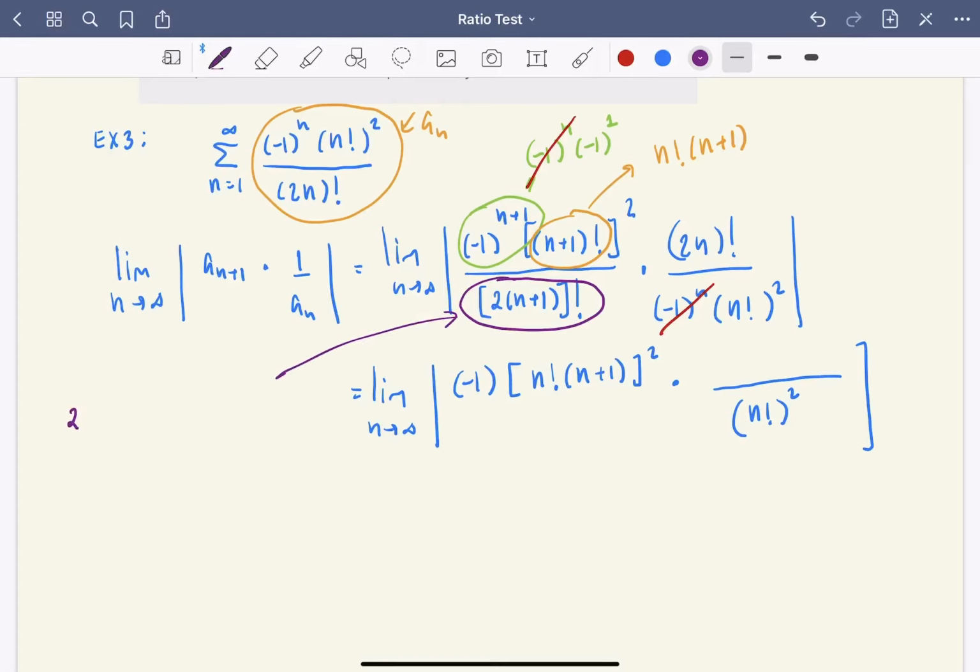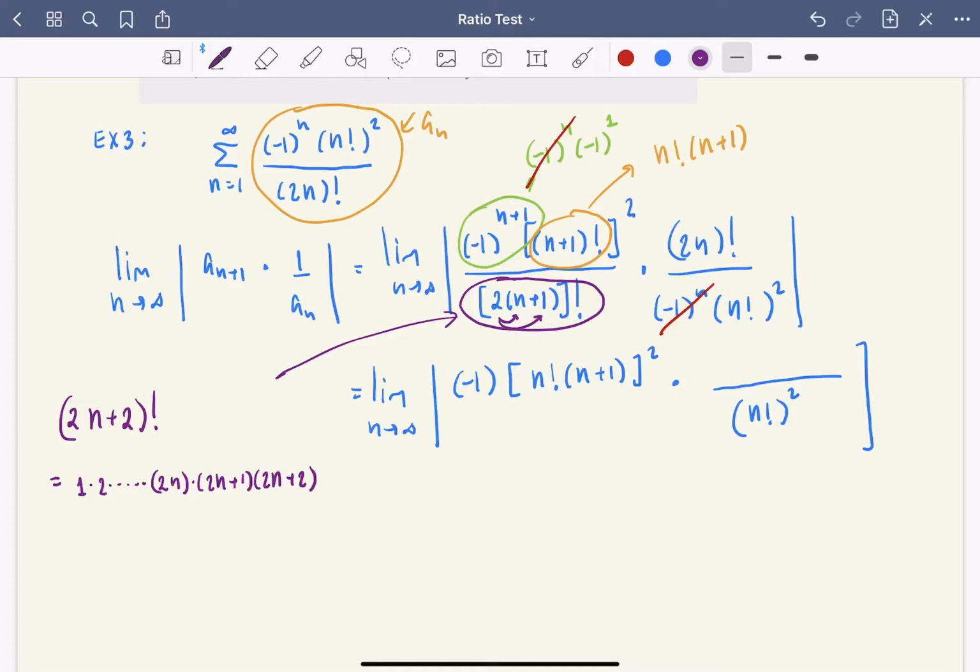What is this one? So this is (2n plus 2) factorial. Okay, because we distribute inside, so (2n plus 2) factorial. And what does (2n plus 2) factorial mean? 1 times 2 times up to 2n times 2n plus 1 times 2n plus 2, right?